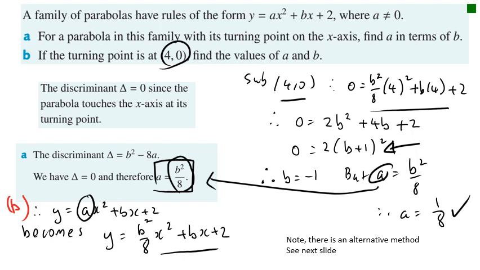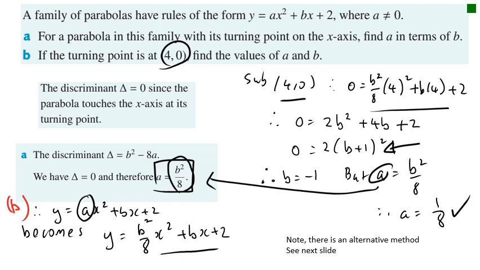So if we know that b squared minus 8a equals 0, we therefore know that negative 8a is equal to negative b squared, and we know that a is equal to positive b squared all over 8. And that is what's sitting here.